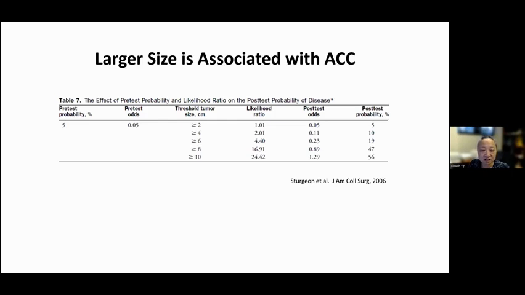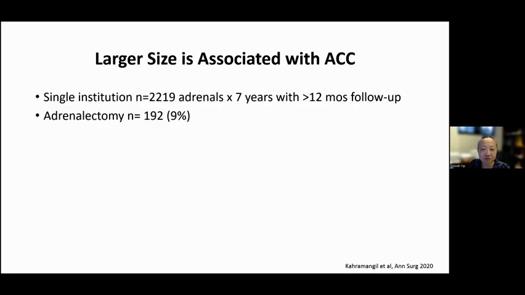He looked at adrenal adenomas that were resected at his own institution and compared the size to a database of adrenocortical cancers, and really came up with these likelihood ratios. So again, you can see at 4 centimeters, the likelihood of there being cancer is about twofold baseline, and that comes up to about 10%. And so that's where those numbers come from. This has subsequently been confirmed in other studies.